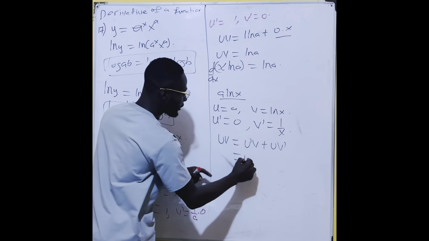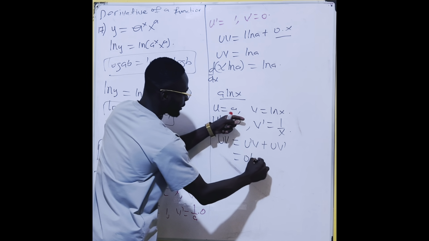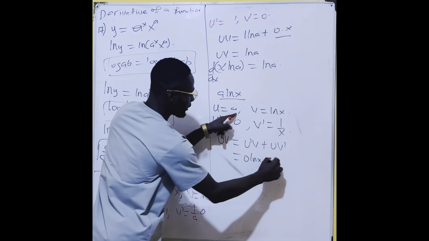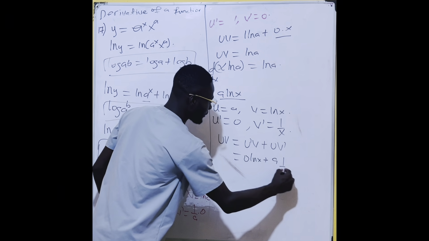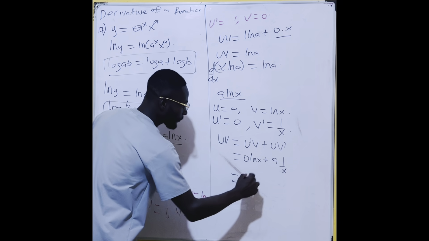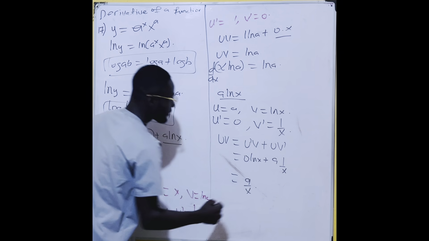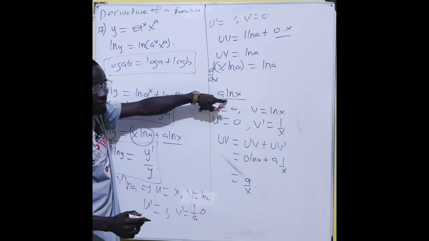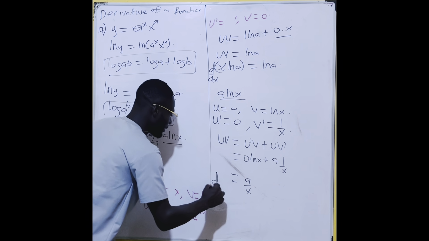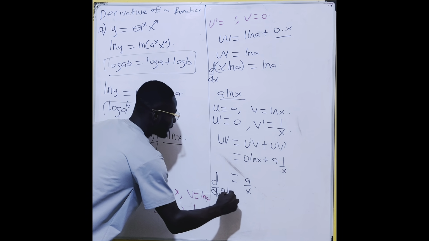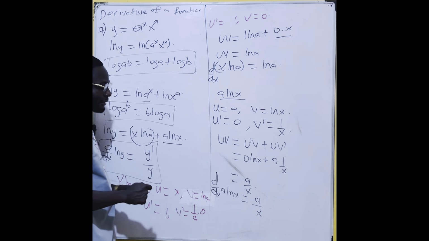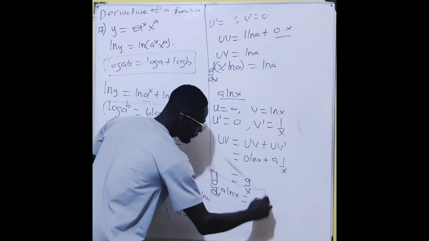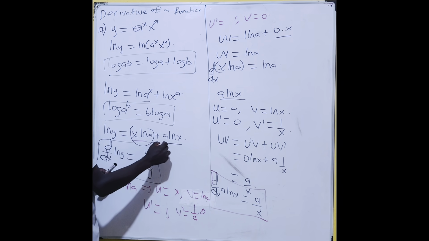So we have 0 times ln x plus a times 1 over x, right? So basically we are going to have a over x for the derivative of the second term. So it means the derivative of a ln x is a over x, right? So we are done with this, we are done with that.